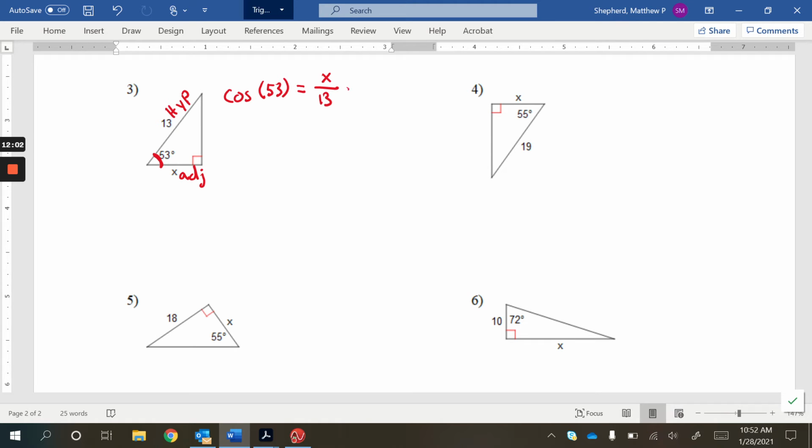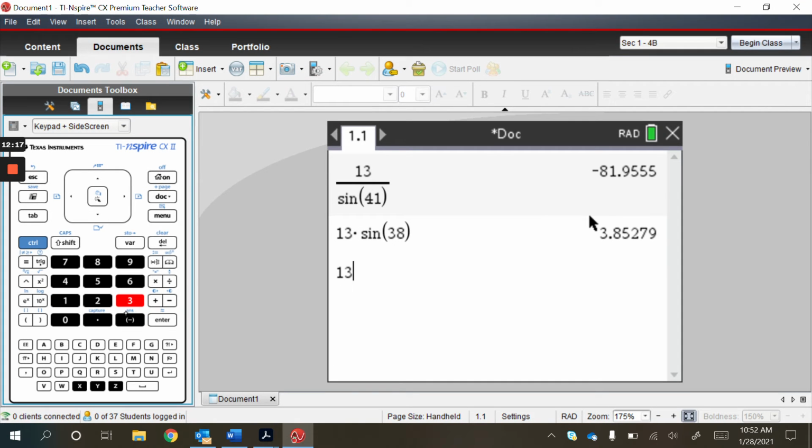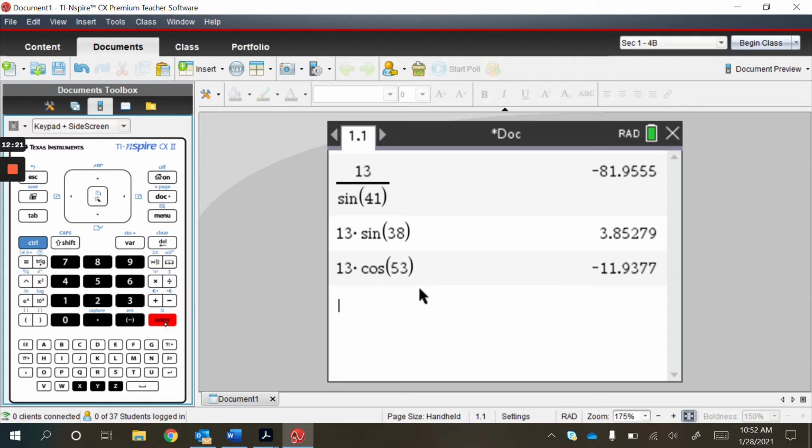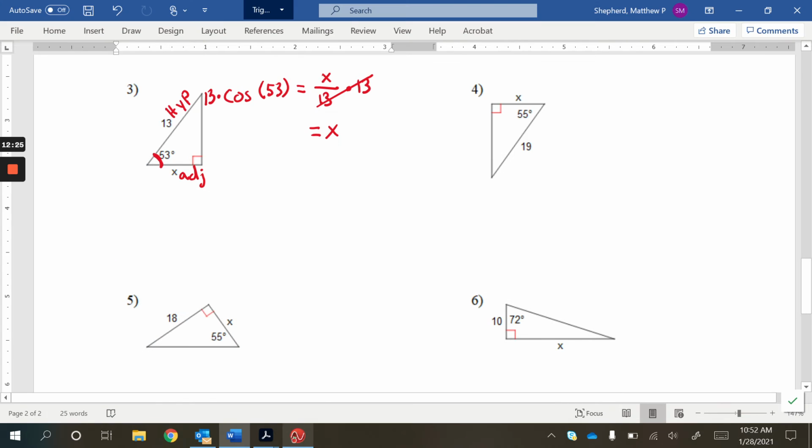Same as last time, x is already in the numerator, so I'm just going to multiply both sides by that denominator to eliminate it. And now we have x is equal to 13 cosine 53. So negative 11.9. Let's change that to approximate.